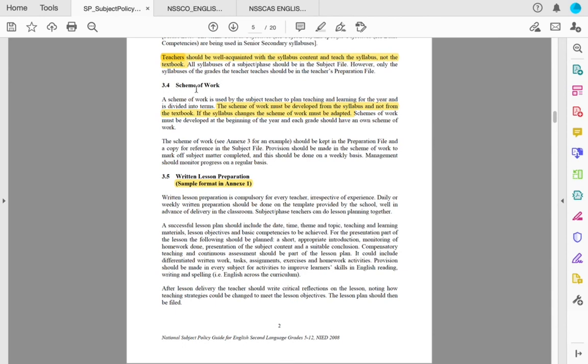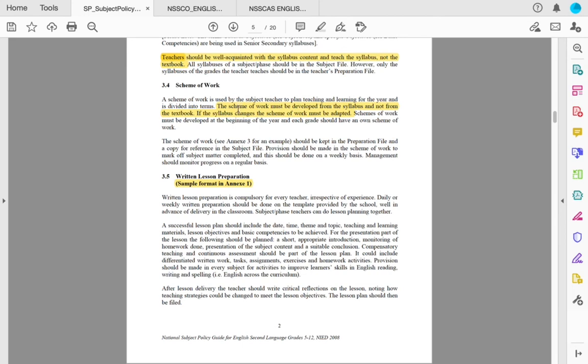And then we have the scheme of work. The scheme of work is a plan of what to cover throughout the year, or the different phases. It's divided into terms, like first term, second term, and third term, and the scheme of work is derived from the syllabus.